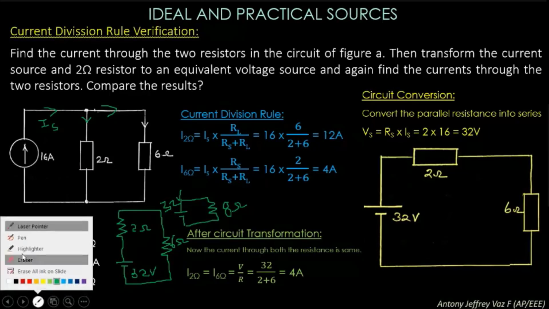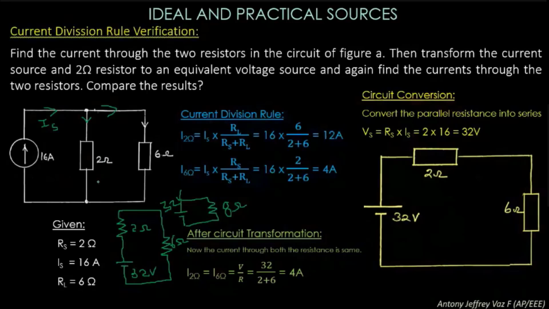So through this resistance 2 ohm, 12 ampere current will flow, and through this resistance 6 ohms, 4 ampere current will be flowing. Then after this, 12 ampere current will leave this resistance, and the 4 ampere current will also leave this resistance through this point, and at this end you will again get the 16 amps.